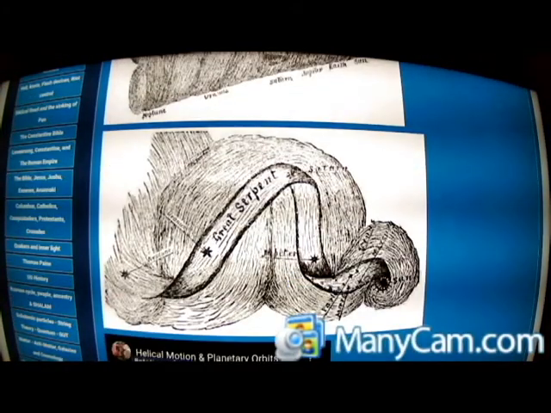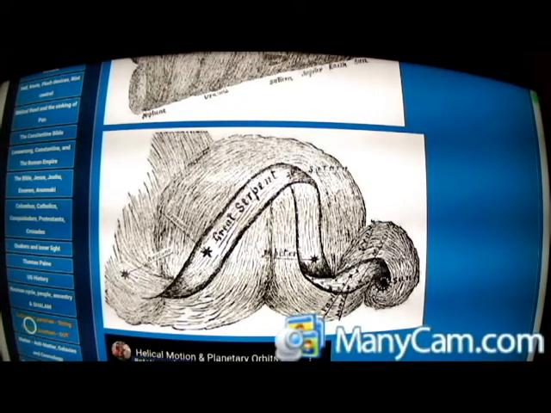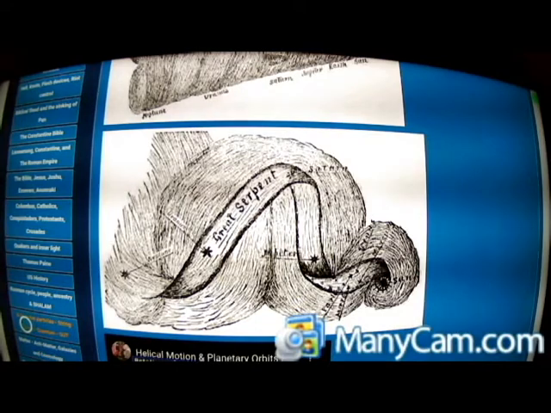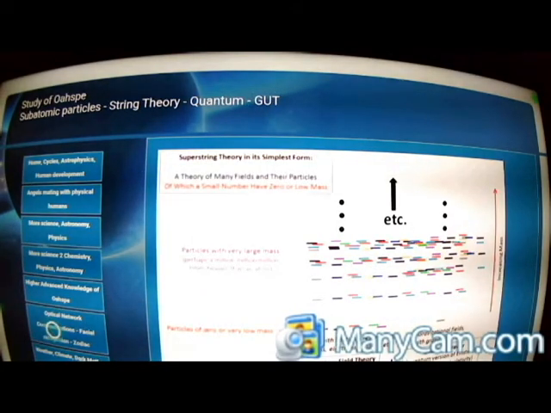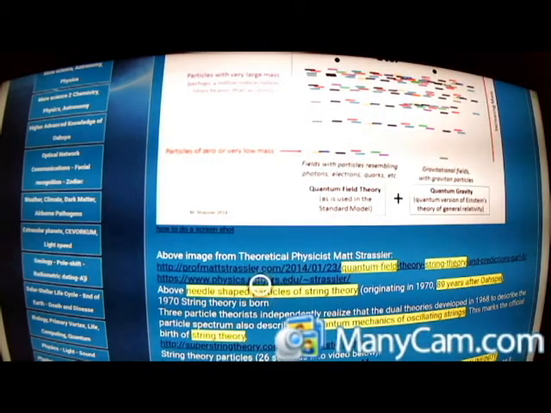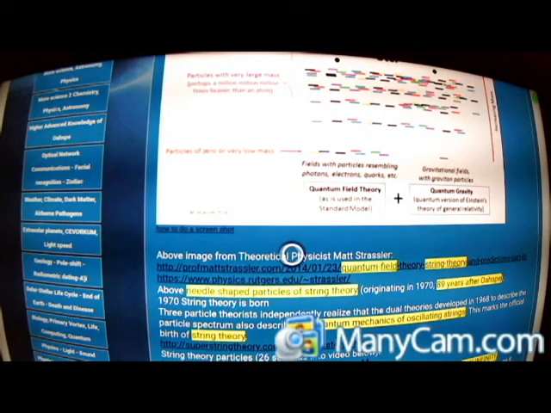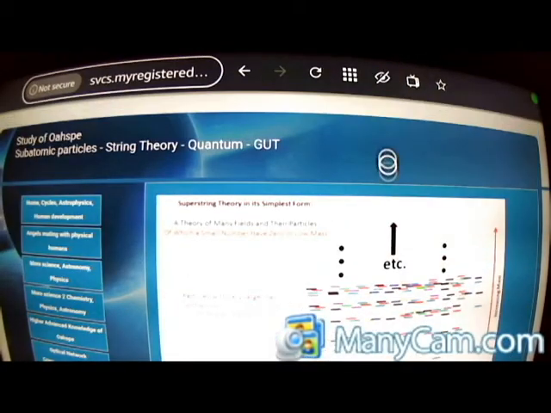Now to the web page on studyofOSP.com called Subatomic Particles, String Theory, Quantum, and GUT, Grand Unified Theory, or Grand Unified Theorem. So here we go. It says right here, above image from theoretical physicist Matt Strassler.